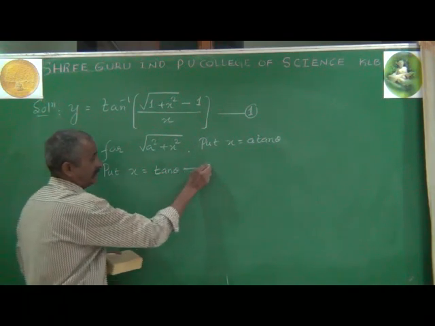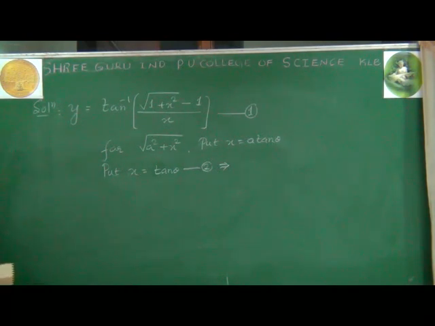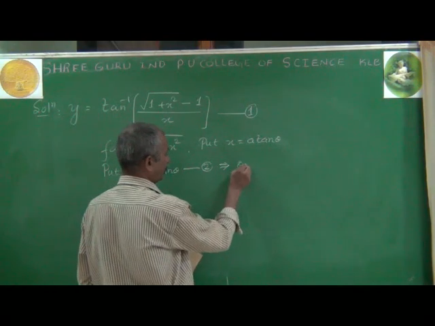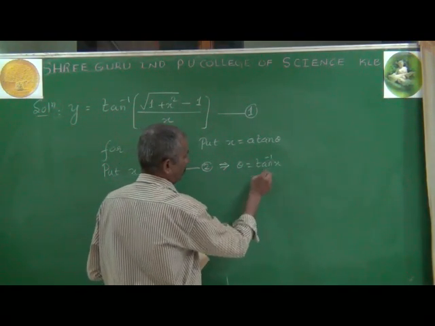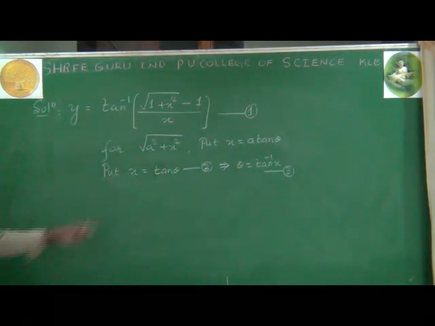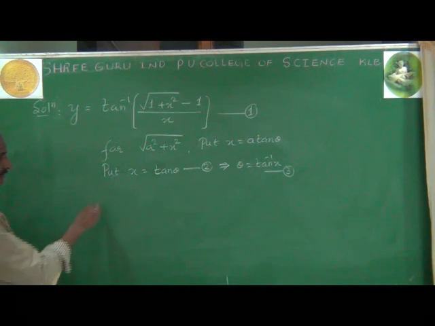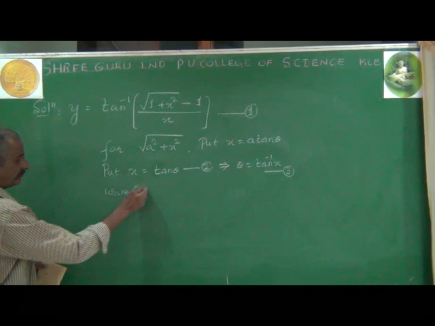Call this 2. x equal to tan theta implies, by the definition of inverse trigonometrical functions, theta equals tan inverse of x. You may call this 3. Let's use 2 in 1.